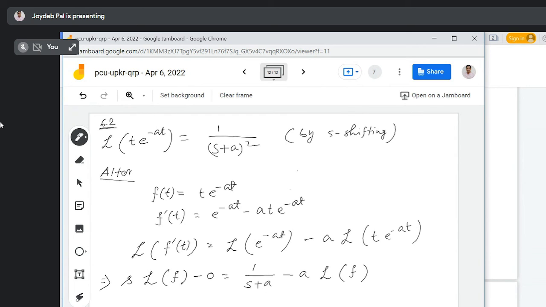Now just you algebraically solve it. तो ये जो a into L f है इसको left side में लाओ तो it will be (s plus a) into L of f is equal to 1 by s plus a. Then L of f is 1 by (s plus a) whole square. तो यही तो करना था ना Laplace transform of f(t).